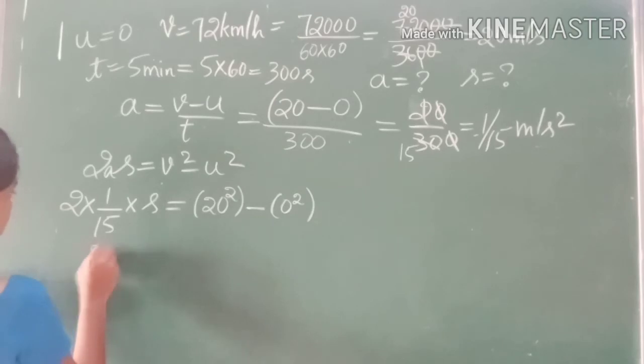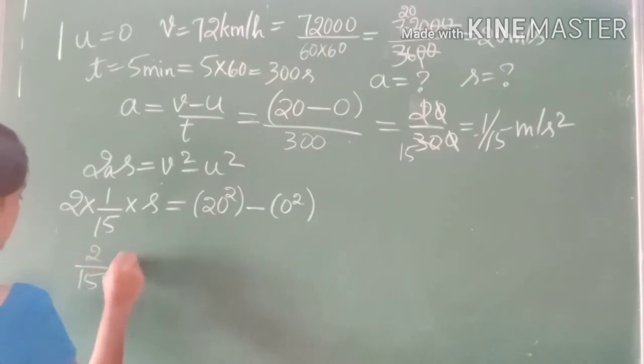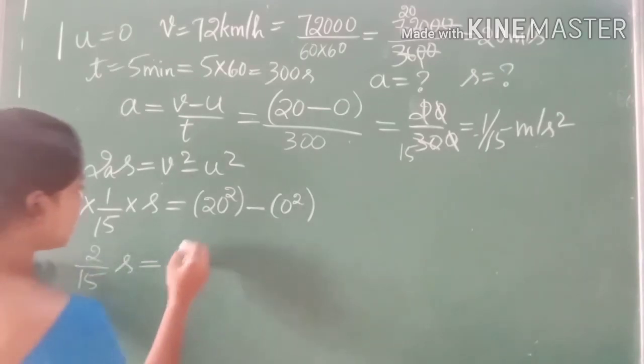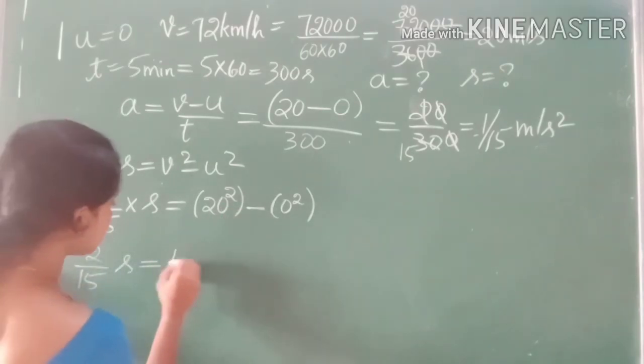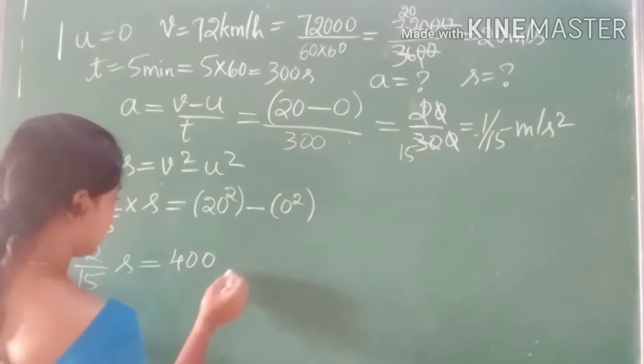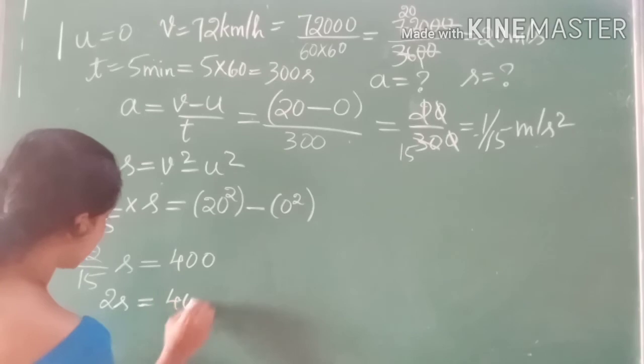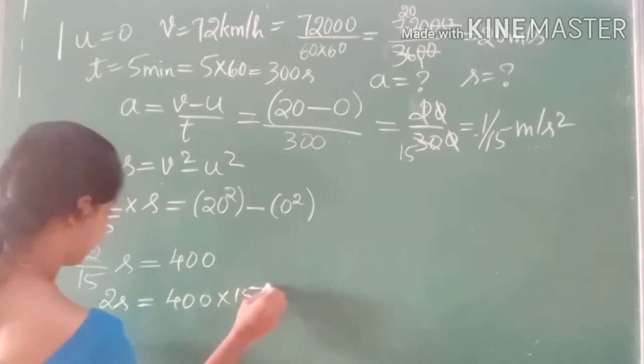So 2 by 15 s is equal to 20 square, which is 400.